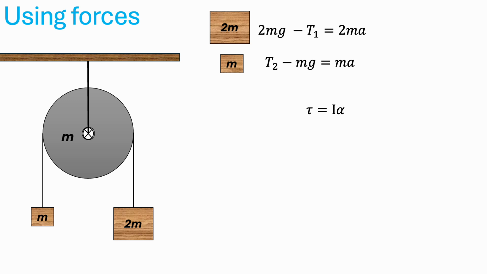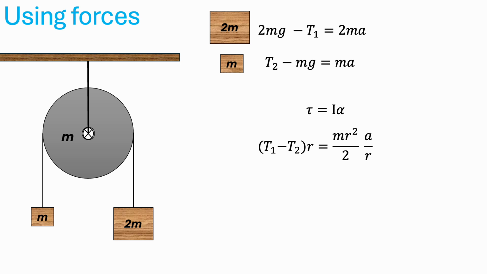So we know that the torque, the turning effect of the force, is moment of inertia times the angular acceleration. So that gives us our tau is the force times the radius, and the resultant force is T1 minus T2. Okay, it's a tricky one, that one.